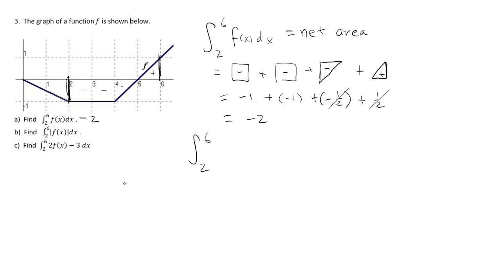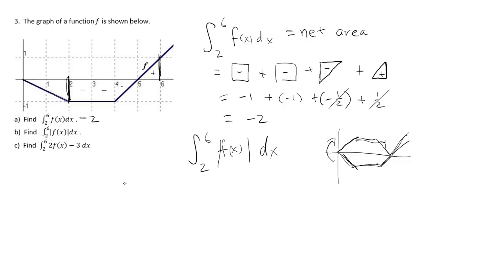Now, what about the integral from 2 to 6 of the absolute value of f of x? Well, when you take the absolute value, the effect on the graph is that anything that's under is flipped over, and you end up with a new graph, which is like this. What used to be below the x-axis now becomes over the x-axis.